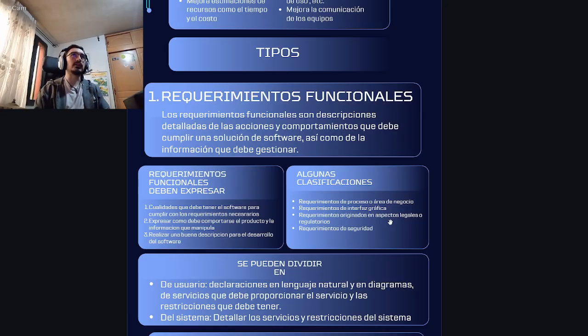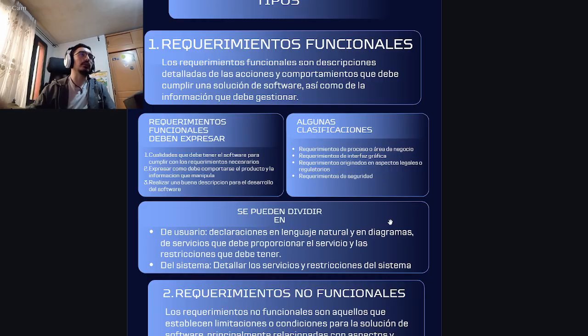The first one is the functional requirements, which are detailed descriptions of the actions and behaviors that a software solution must fulfill, as well as the information it must manage. The first thing that we must know is that they need to express some things.